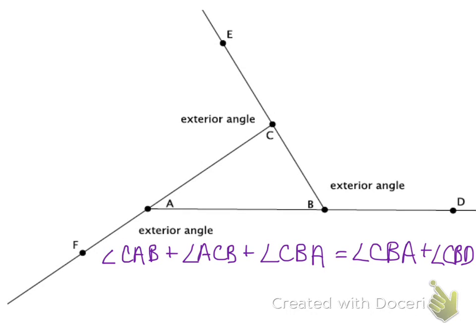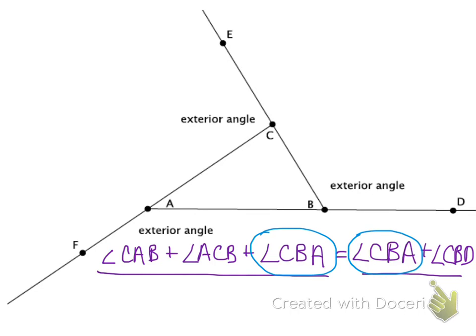Okay, so what you have is, since this amount here on the left side of the equal sign is 180, and this amount is 180, we know that those two are equal to one another. So what we're going to do here is notice that we've got this measure of angle CBA on both sides of our equation.